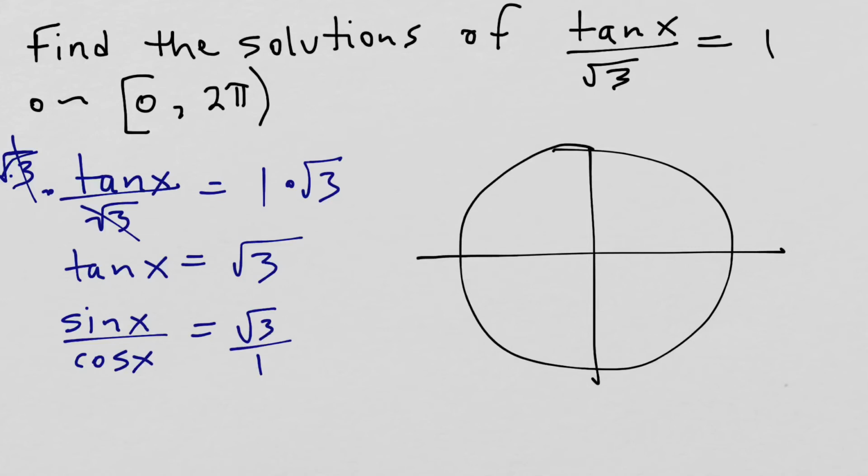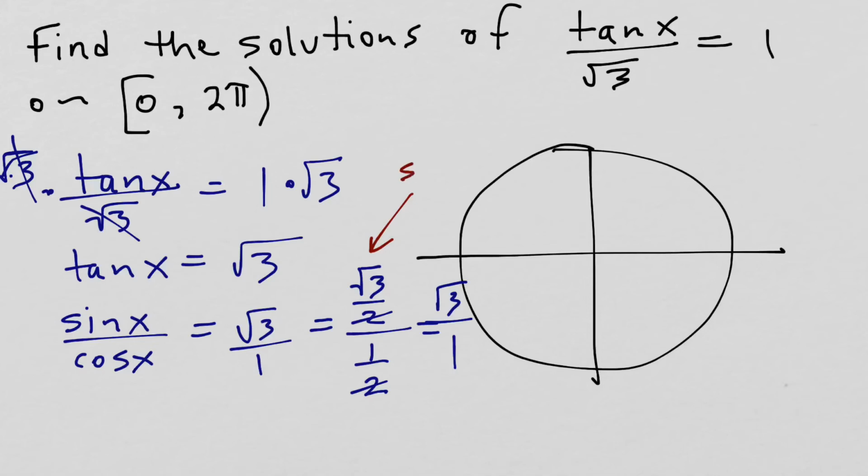All right, so that means there is going to be this setup. If you think about this for a minute, √3 over 2 divided by 1/2, where that 2 right here is going to cancel, and you'll have √3 on the top and 1 on the bottom. So we're going to look for the places where your sine is √3 over 2 and your cosine is 1/2.